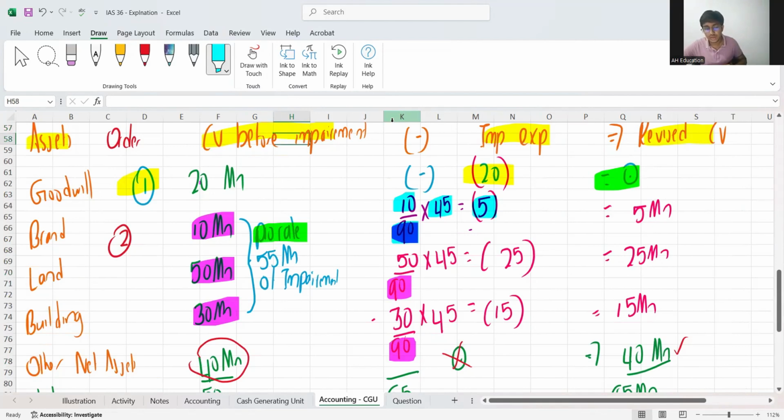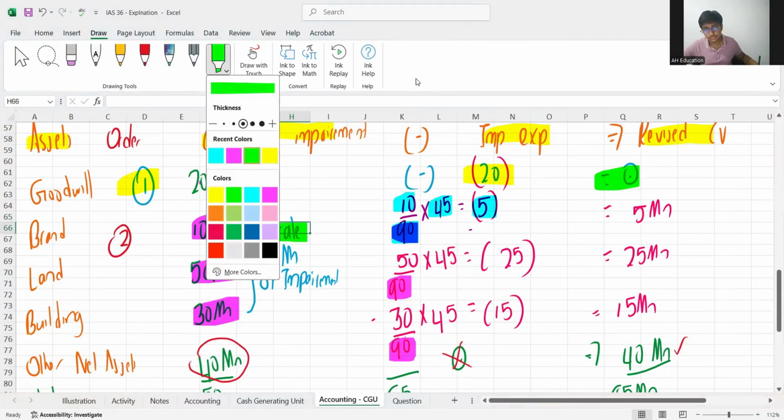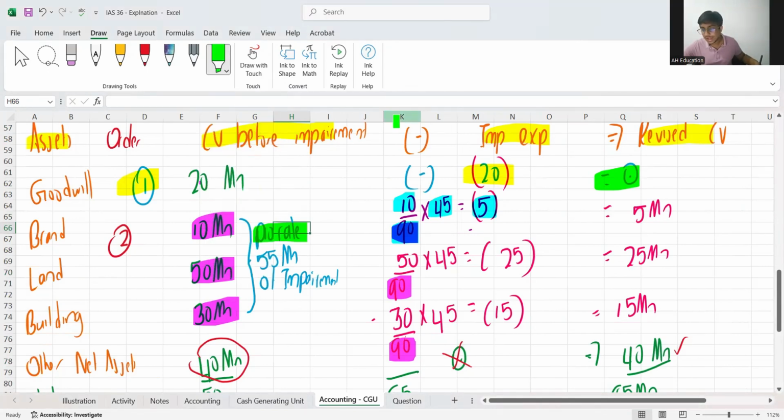Same thing happens for land also. I'll show that also. Land's carrying value before impairment was 50, divided by the total carrying value of your remaining assets, which is 90, into 45. Then you will arrive at a figure of 25 million as your impairment expense.